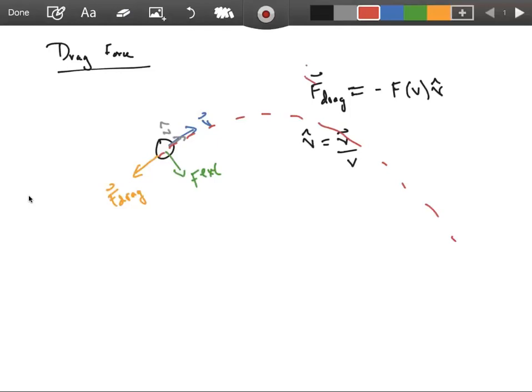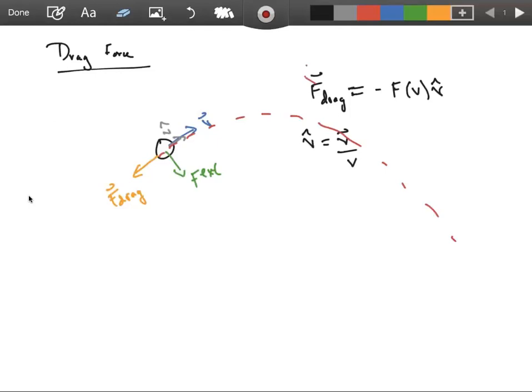Now, again, as long as our velocity is slow enough, then for a good number of problems, what we can typically do is a Taylor series expansion of this magnitude of our drag force.